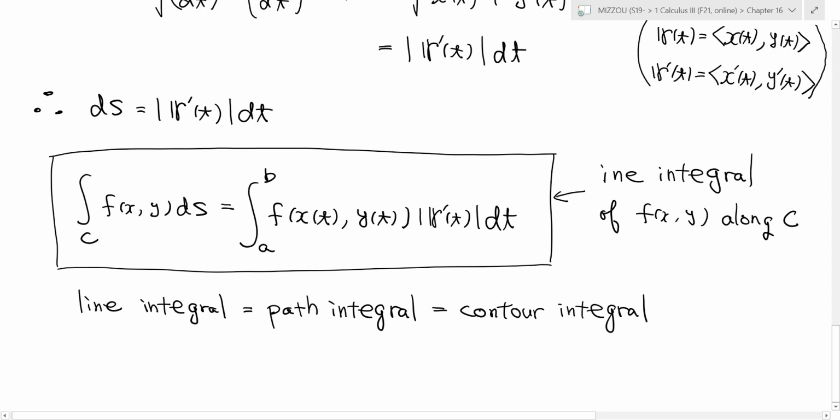Just terminology. Indeed, line integral sounds a little strange because it's not an integral over a line, it's over a curve. But anyway, just terminology.